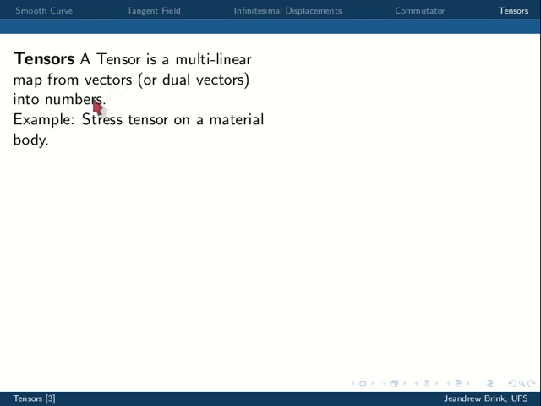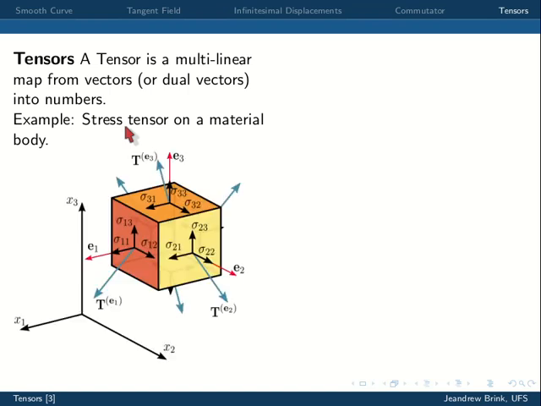Just an example is the stress tensor on a body. So suppose you have a box, right? And you want to see how the box responds if you push it. Depending on the material, if you have a very stiff Tupperware like this, if you push it this way, it resists you. There's a certain maximum amount of normal force before you crush the thing.